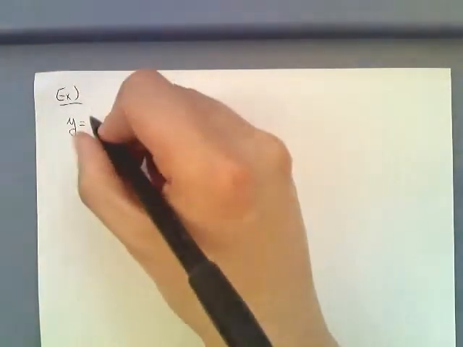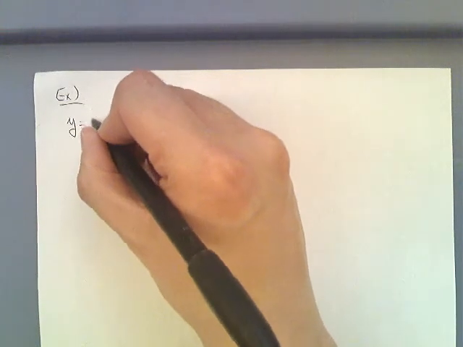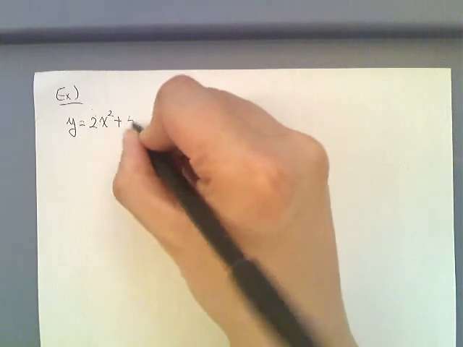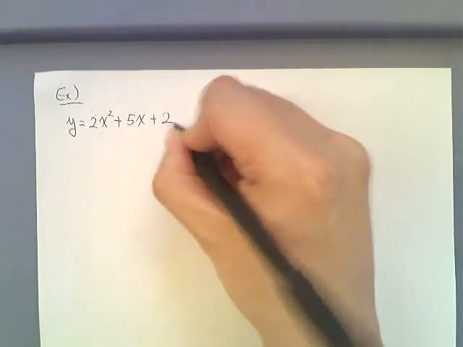So what I'm going to do is an extra example where the coefficient of x squared is not really a common factor. So this is going to be a bit more tedious. Now let's say I have 2x squared plus 5x plus 2.